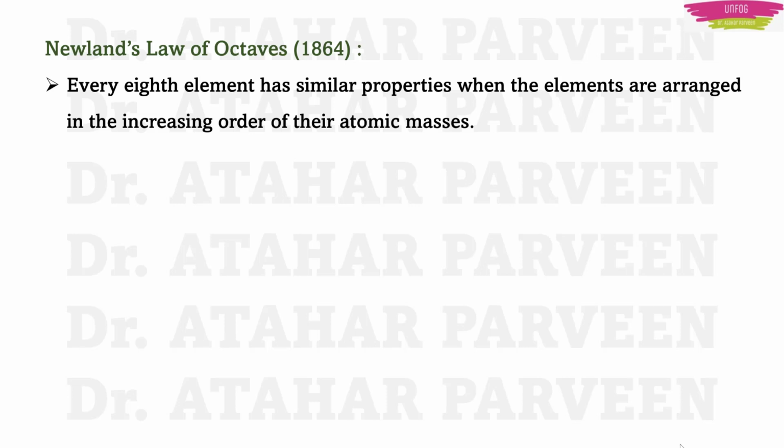So according to Newland's law of octaves, the statement was that every 8th element has similar properties when the elements are arranged in increasing order of their atomic masses. Okay, you should carefully understand what I am trying to tell. He told that elements are arranged in increasing order of their atomic masses.